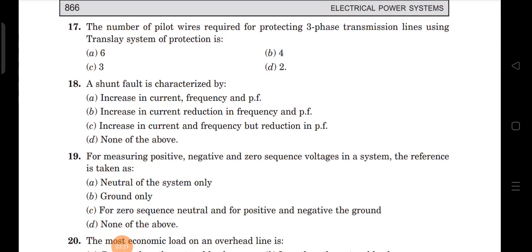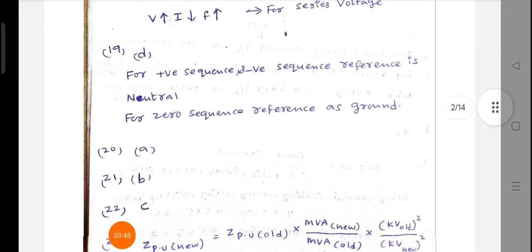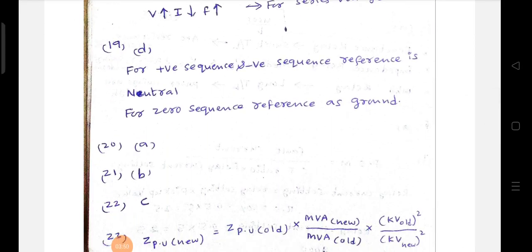Next, for measuring positive, negative and zero sequence voltages in a system, the reference is taken as... For the measurement of positive, zero and negative sequence quantities, for positive and negative sequence quantities, the reference is taken as neutral.